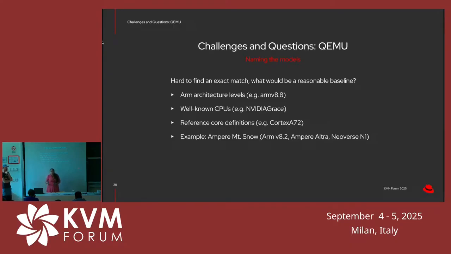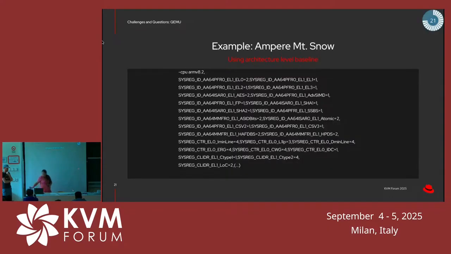And just to show what this will look like, I used one of my systems, which is an Ampere Mount Snow, and see what we get here. First, starting with the architecture level baseline. As you can see, lots of statements, really a lot of statements. And it's not complete. I stopped because the slide was full.